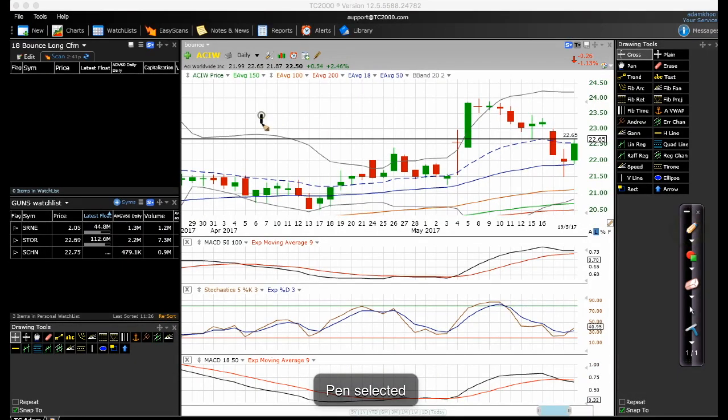So again, I'm going to put a buy order, right? It's going to be a buy stop limit order. So my entry price is always a buy stop limit order. The stop price is the entry price, which is 22.68, which is 3 cents above the high of that candle, right?